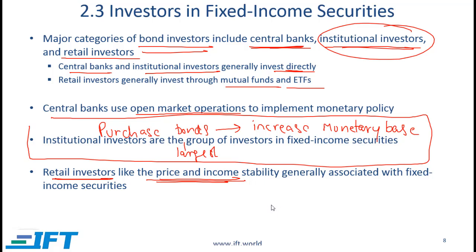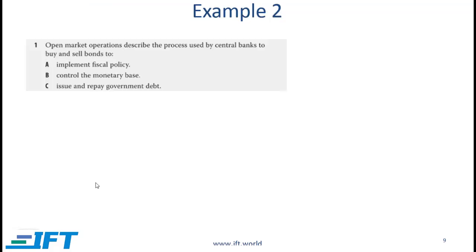So there is a lot of information that needs to be processed in order to make fixed income investments. And that is why institutional investors have a larger role to play relative to retail investors. And that also explains why retail investors generally don't invest directly in fixed income securities.